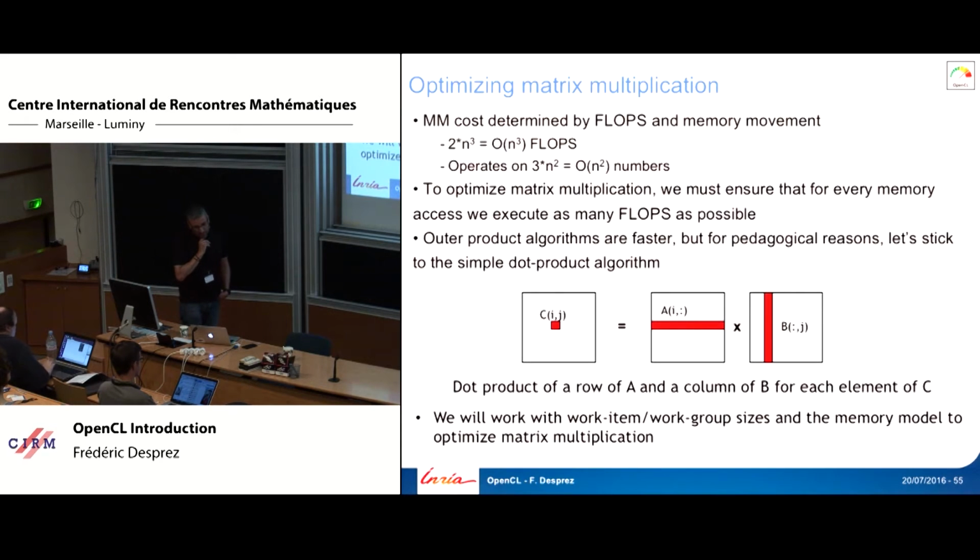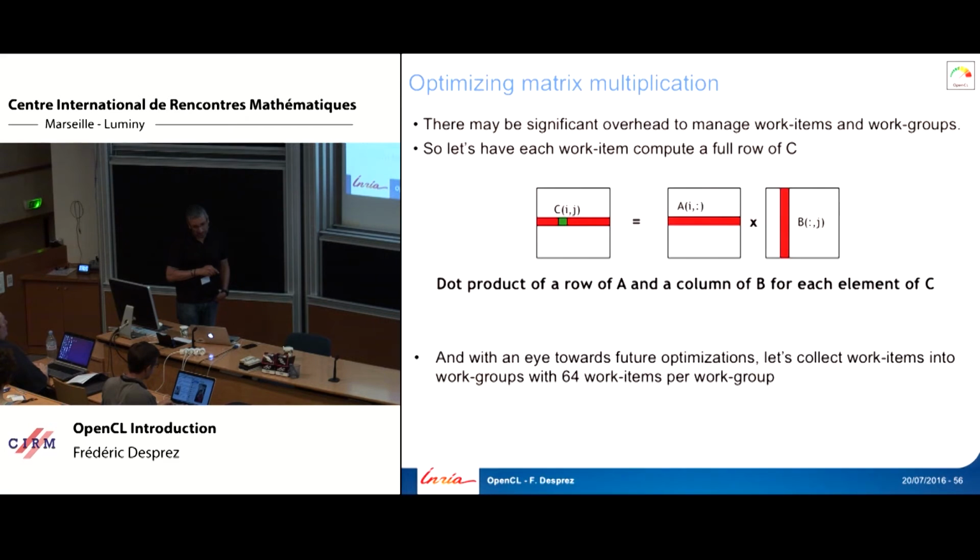And so you have to make sure that every memory access is as fast as possible and generates as many flops as possible. Usually outer product algorithms are faster, but for this example we stay with the dot product algorithm. So we are going to work on the work item and work group sizes, and the memory model, to optimize this matrix multiplication.